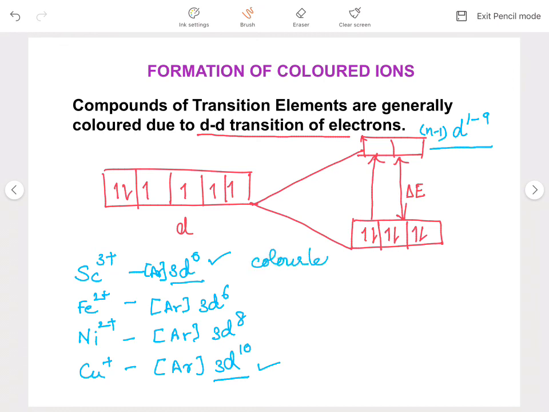Sc3 plus is colorless and Cu plus is colorless. But these two ions, Fe2 plus and Ni2 plus, will be colored, because in these the d-d transition of electrons is possible. So this is something important asked in exam. You must learn these, and for this you need to learn the configurations also.